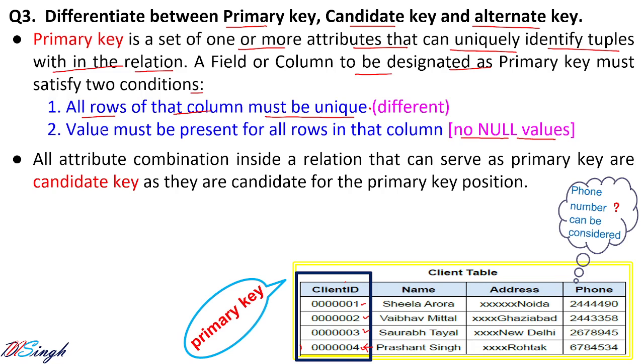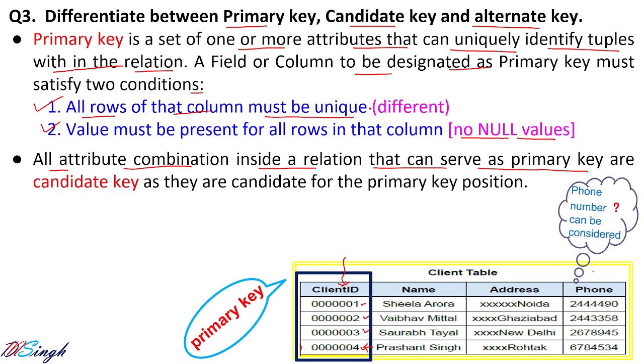All attribute combinations inside a relation that can serve as primary key. If any column inside the table, that is relation, wants to serve as primary key, these two conditions must be satisfied. So the primary key must be selected out of candidate keys, because there are two candidates to become primary key.